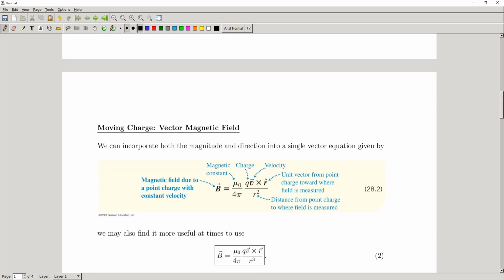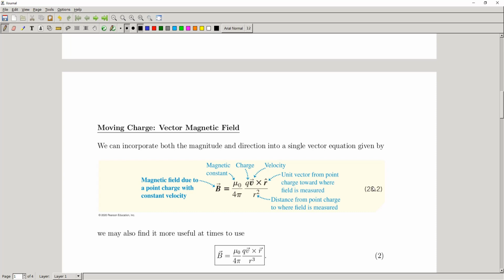We can take this information about the magnitude of the magnetic field and about our direction of the magnetic field, which we get from our right-hand rule, and build it all into a single vector expression.